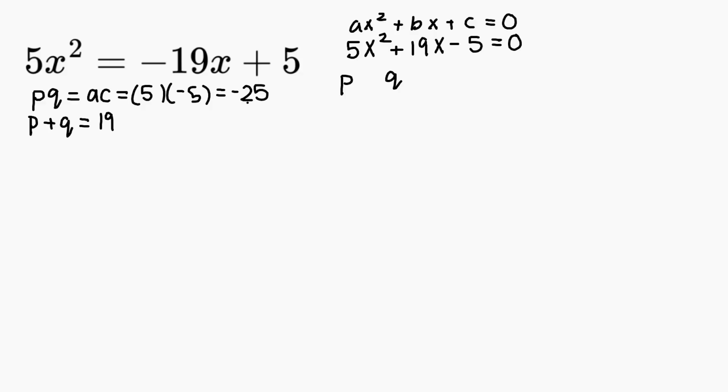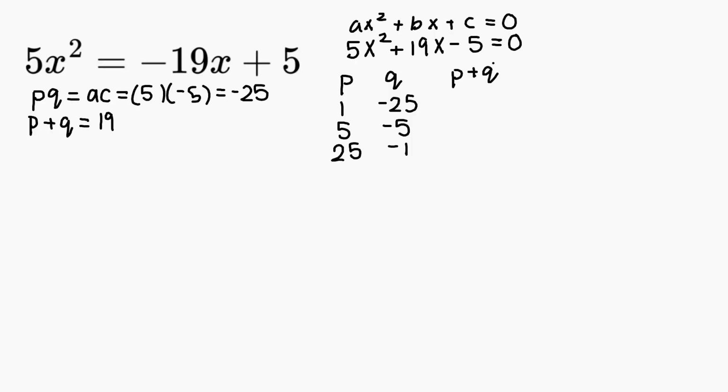Because p times q is a negative number, we know that one is positive and one is negative. We can write 1 and negative 25, 5 and negative 5, negative 5 and 5 again, and also 25 and negative 1. So these are all the possibilities.